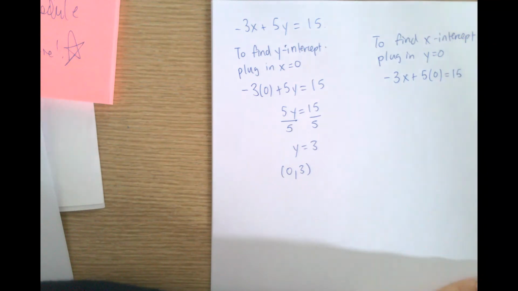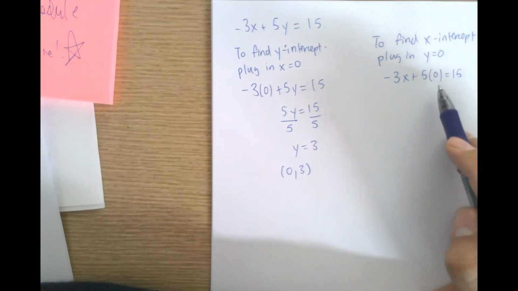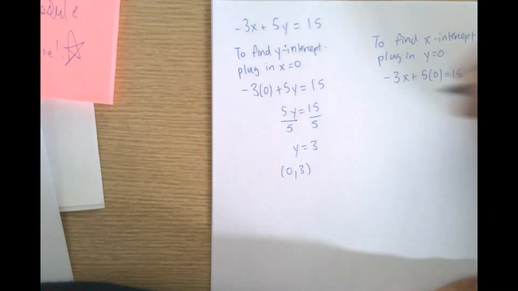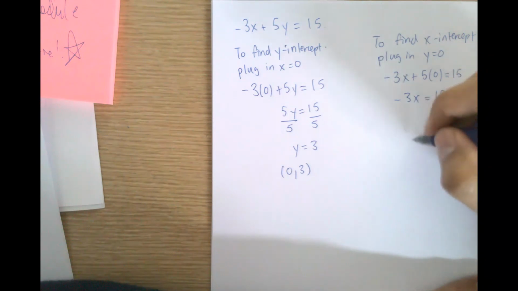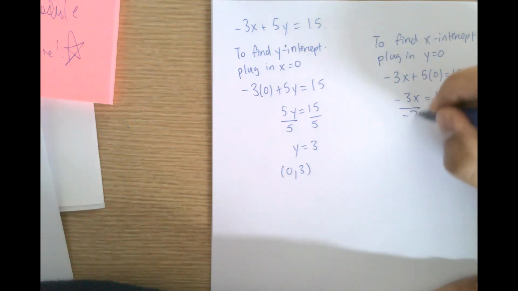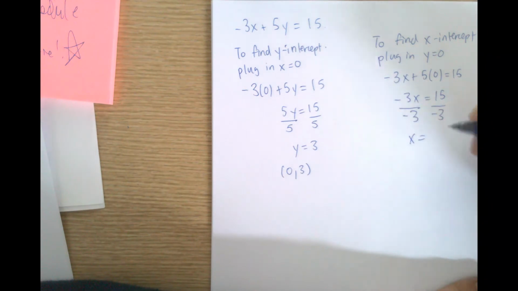So what we're doing is just replacing the y value with 0 to find the x-intercept. And so we get negative 3x is equal to 15. So now we can divide both sides by negative 3, and we get x is equal to negative 5. And we can plot negative 5, 0.